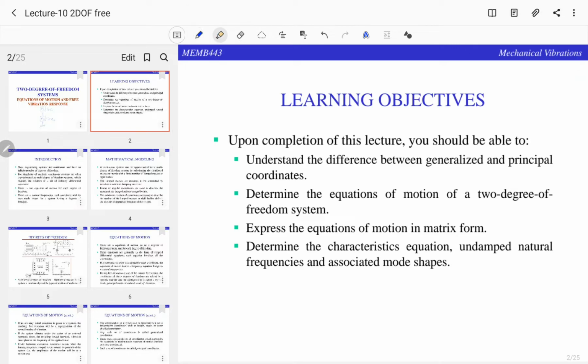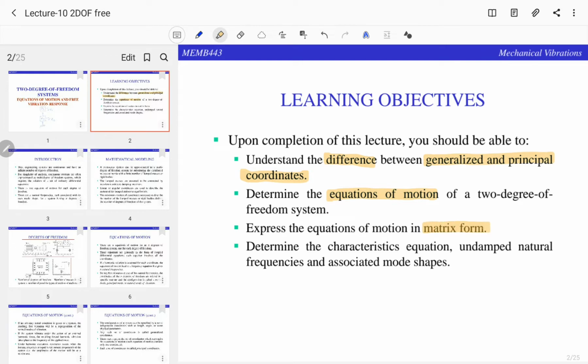The learning objectives are as follows: you're going to take a look at the difference between the generalized and principal coordinates, and also look at the EOM, equation of motion, for the 2 degree of freedom system. You need to be able to derive this and express the expression.